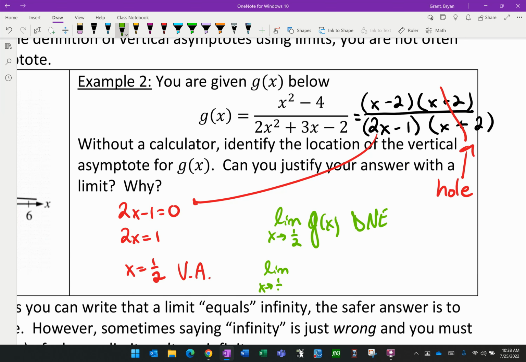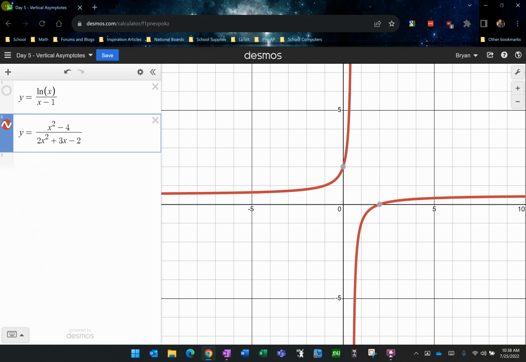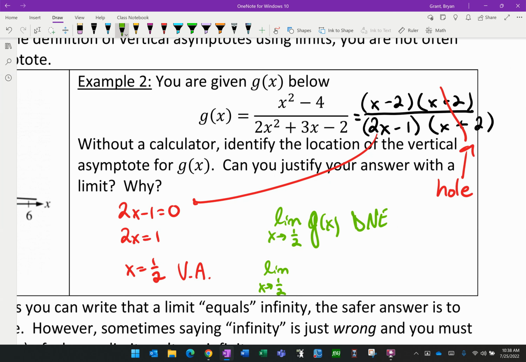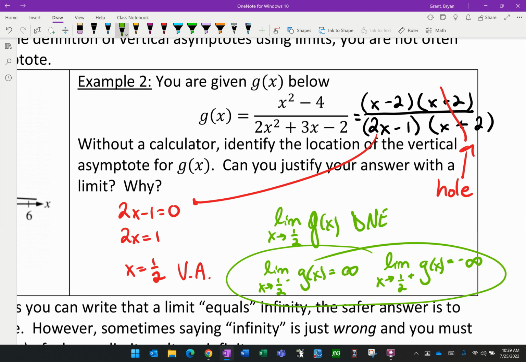The limit as x approaches 1/2, let's look back at that graph again, from the left side is positive infinity. Or you could have said that was enough to justify a vertical asymptote. By the way, the right side of g of x actually ends up being negative infinity. But my question to you is, could you have determined this without a calculator? And the answer is probably not easily.